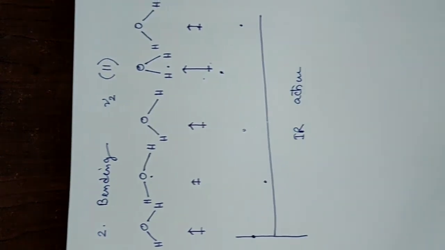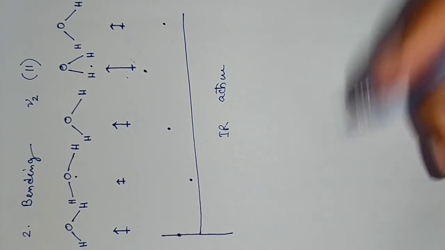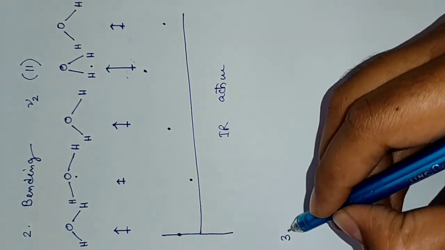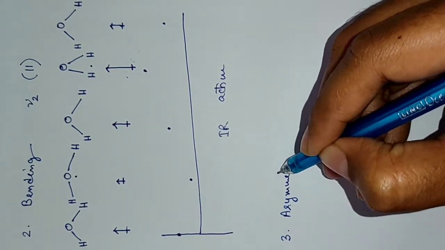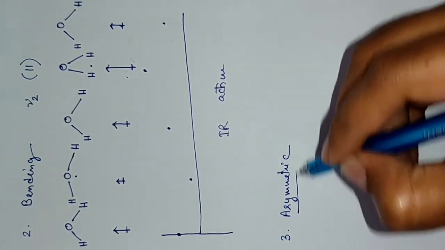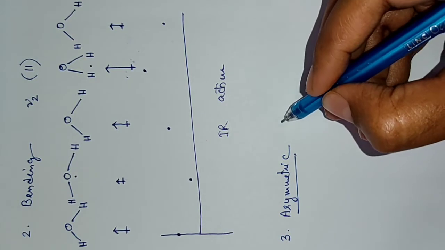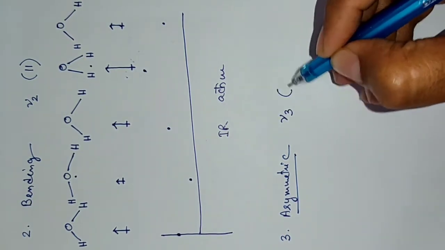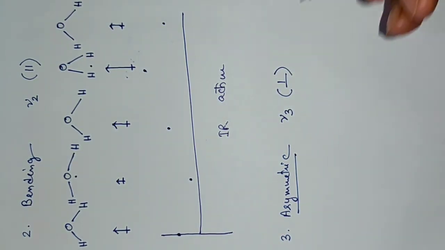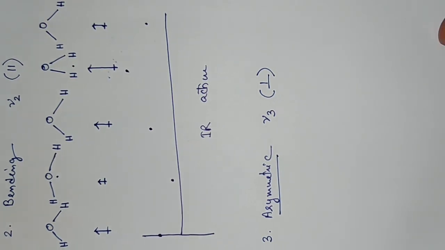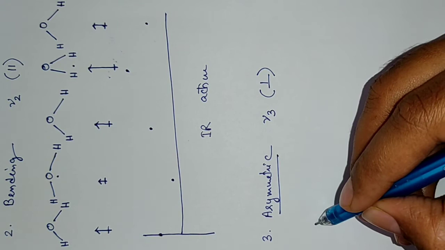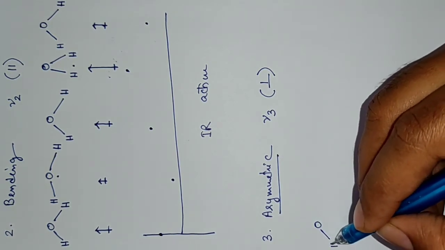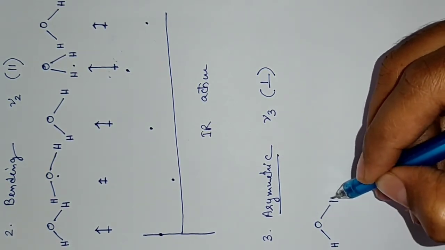Now the third case, that is asymmetric. It is symbolized as nu3 and is observed across the rotational axis of symmetry. We will start from the equilibrium configuration.